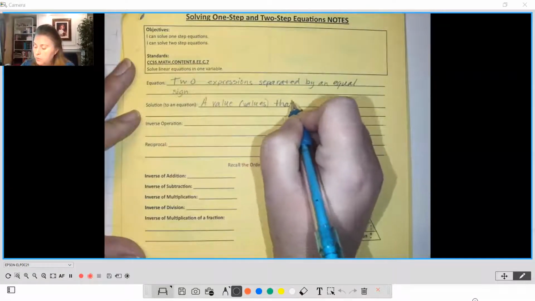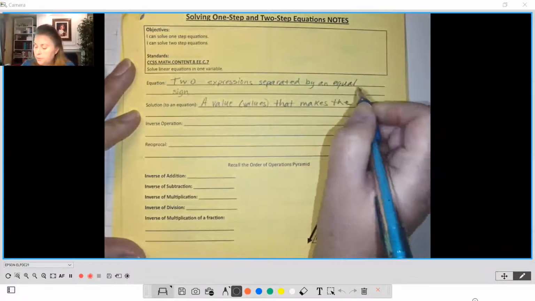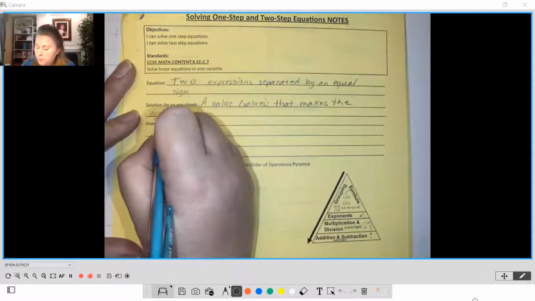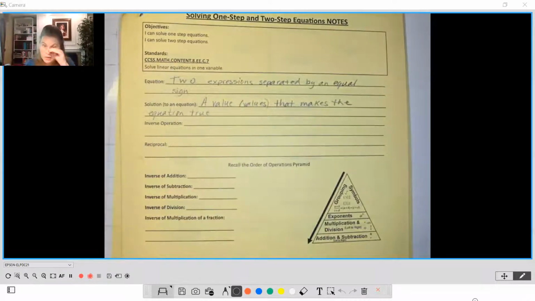Or it could be values. Okay, inverse operation, the operation that will undo another operation.